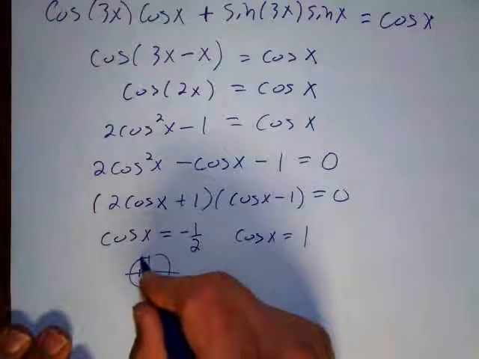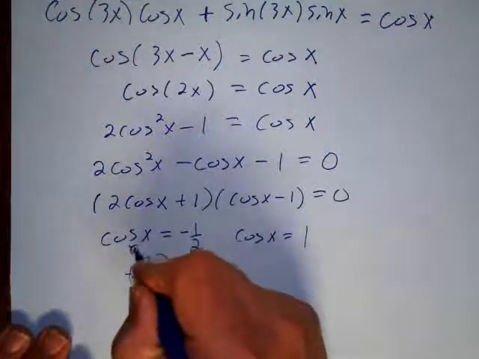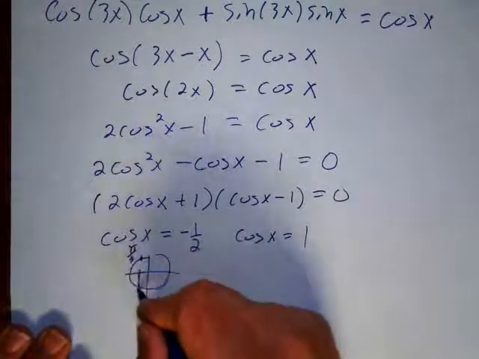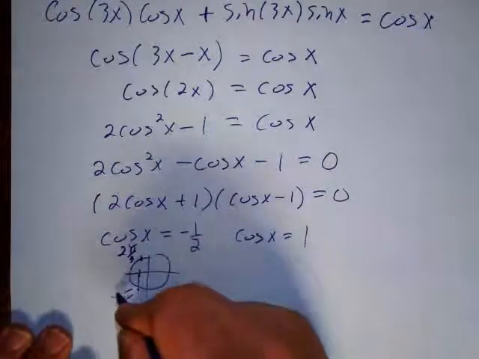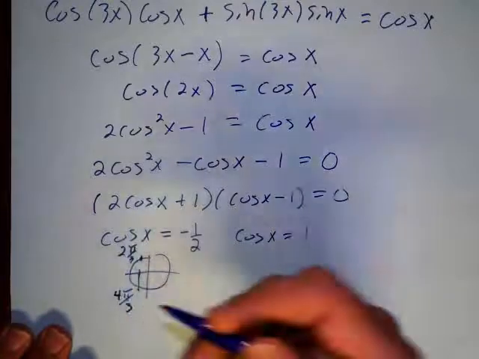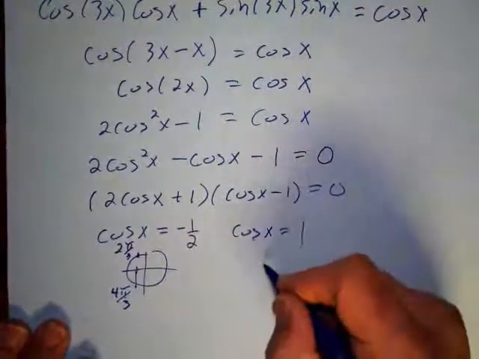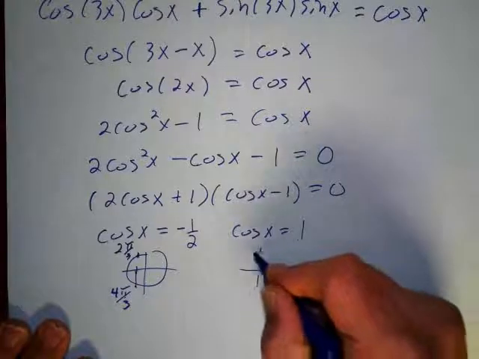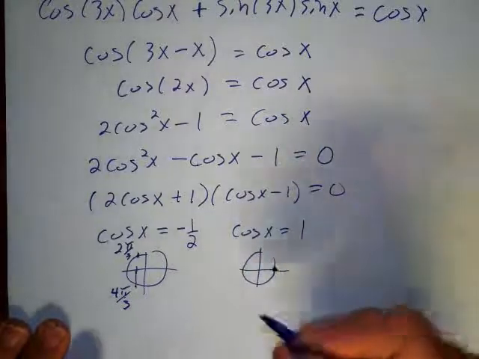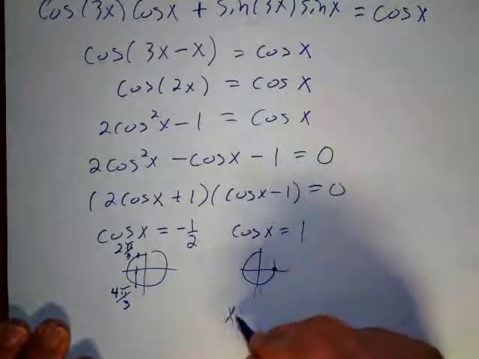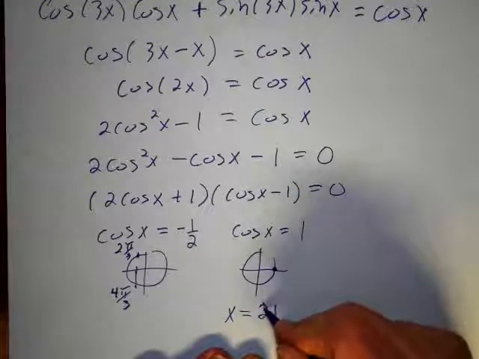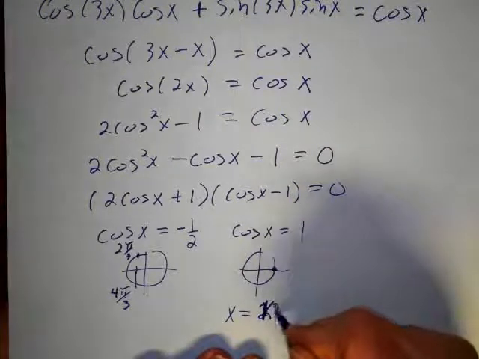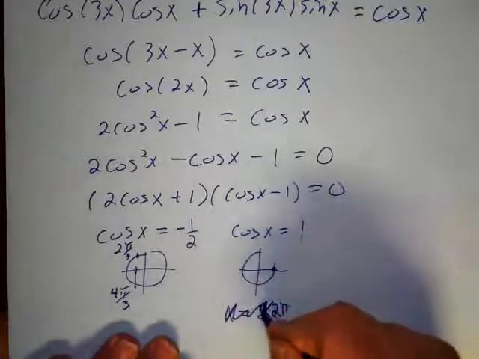Negative 1/2 is over here. So I have pi over 3, negative pi over, or I'm sorry, 2 pi over 3 and 4 pi over 3. And then this one has its one solution right there. So this would just be x is equal to 0 plus k times 2 pi, which is just k times 2 pi. Here, I'm going to write it underneath.